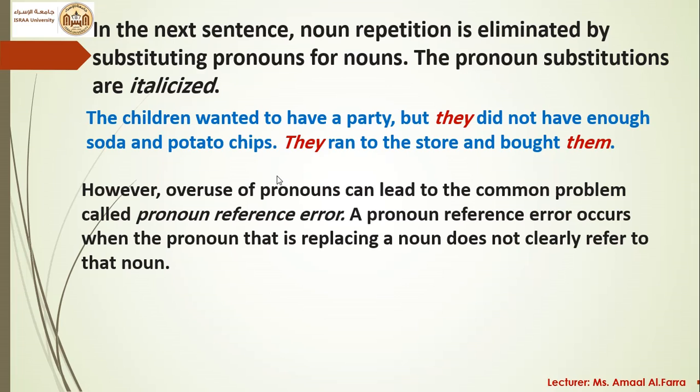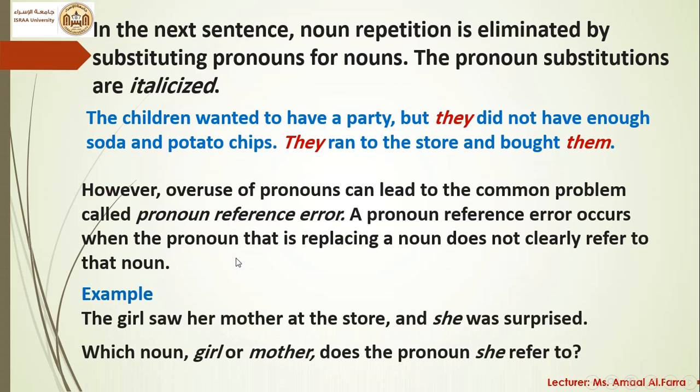However, be careful. Overuse of pronouns can lead to a common problem called pronoun reference error, and this affects the understanding of the reader. A pronoun reference error occurs when the pronoun that is replacing a noun does not clearly refer to that noun. Look at the example to clarify what I mean. The girl saw her mother at the store and she was surprised.